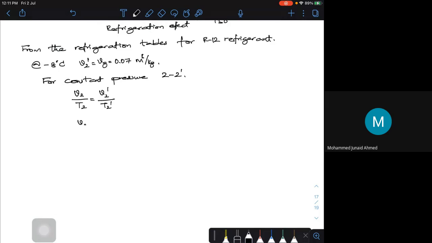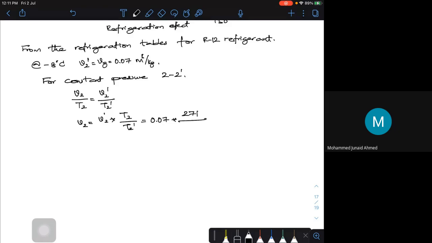V2 is equal to V2 dash into T2 by T2 dash. V2 dash is 0.07. T2 is minus 2 degrees, minus 2 plus 273, it is 271.